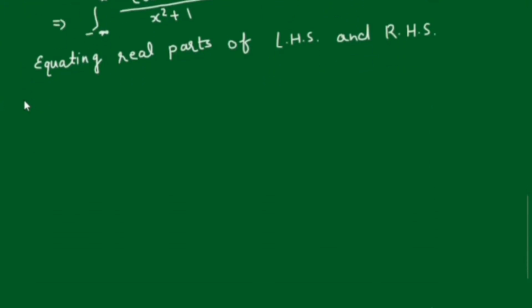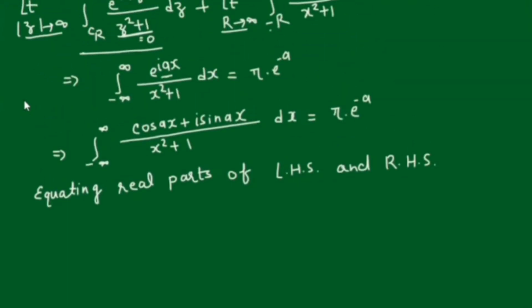Now we need to take care of one thing, that if we would have been given the function of sine here in the given integrand in place of cos, then in that case we equate imaginary parts of both the sides.